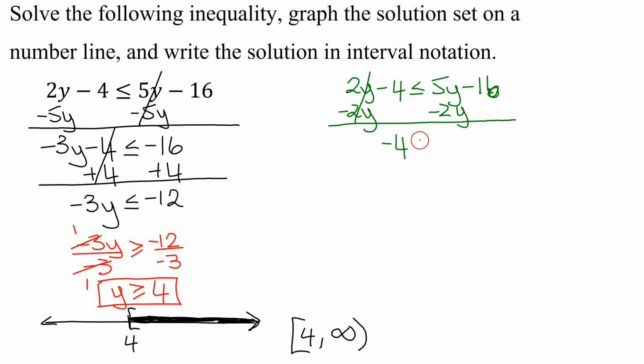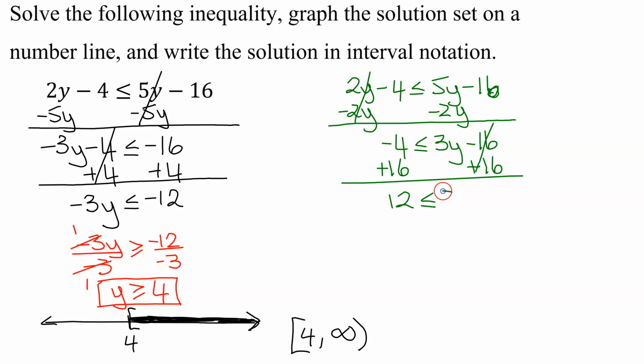So I get negative 4 is less than or equal to 5y minus 2y is 3y minus 16. Now to get the 3y by itself, you add 16 to both sides. Again, it won't change the inequality symbol. And I get negative 4 plus 16 is positive 12 is less than or equal to 3y.